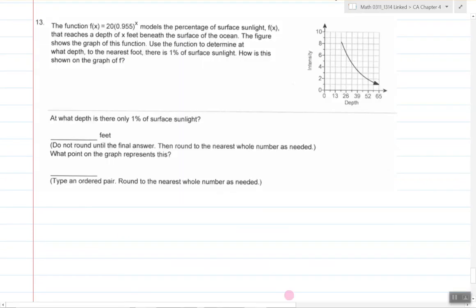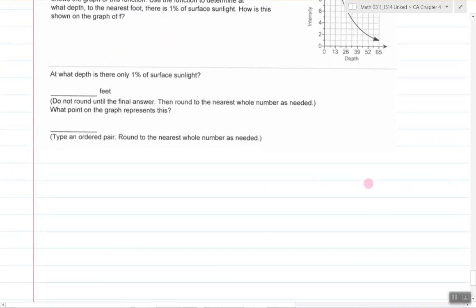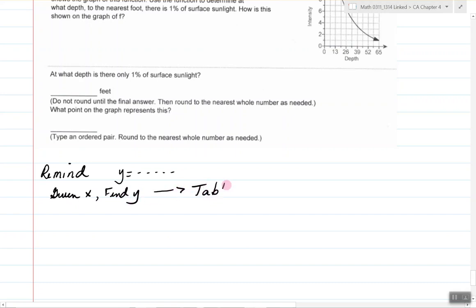Before I go any further with these application problems, I do want to remind you of something, and I probably should have done this before the last question. If you have a y equals in your y equals screen, and you are given an x and asked to find a y, you use table, and it's really quite easy.